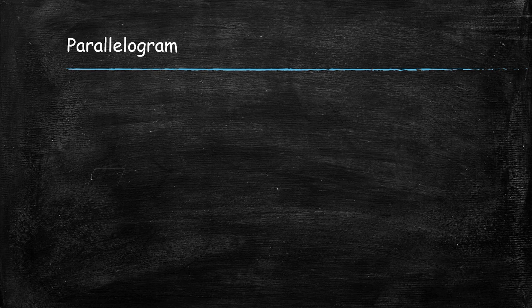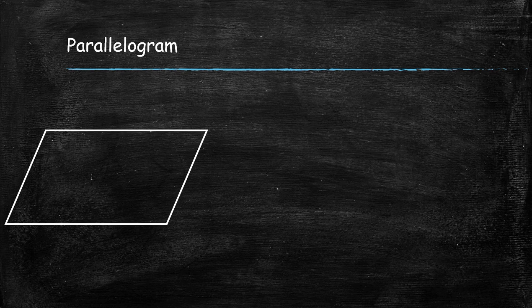Now a parallelogram. So we draw two perpendiculars in the parallelogram, dividing it into two right triangles and a rectangle. These two right triangles are equal.